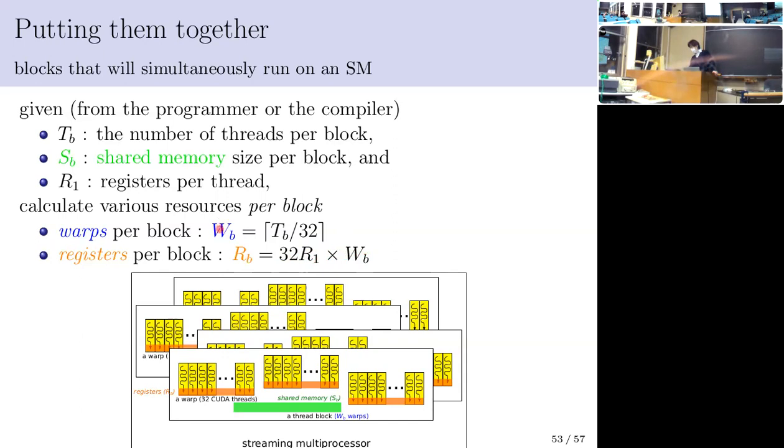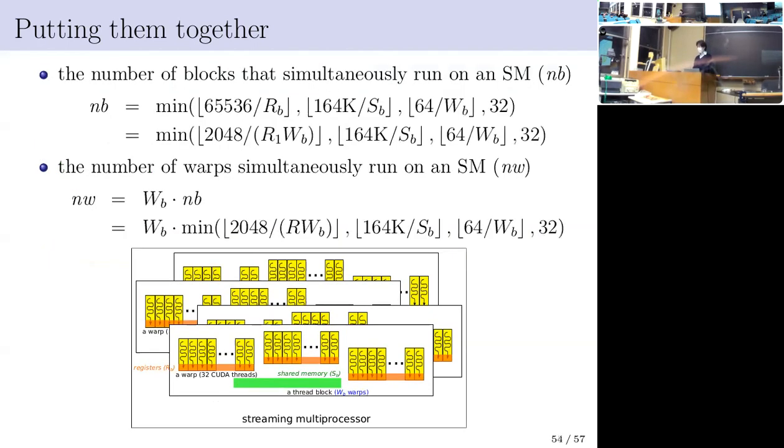So this WB is, for example, in this figure 3, and registers per block is the area of this orange, and shared memory is the area of this green. So you get the resource requirement per block, and you simply divide whatever the hardware limitations are by these numbers.